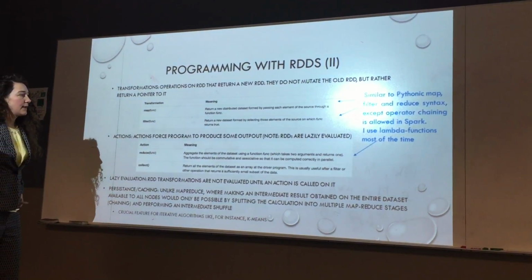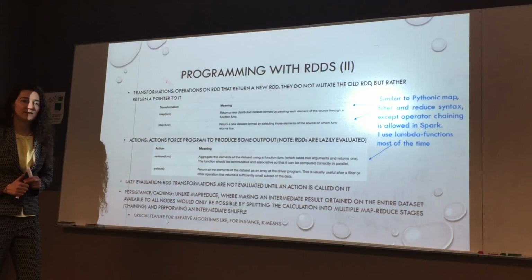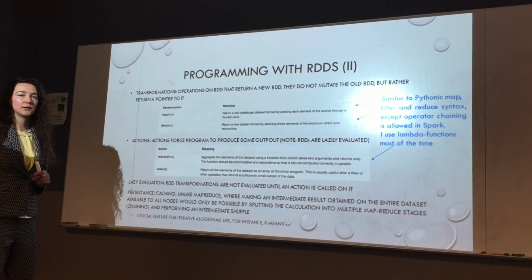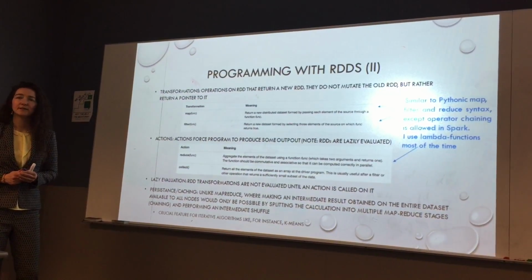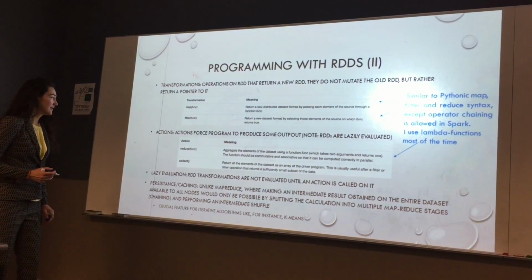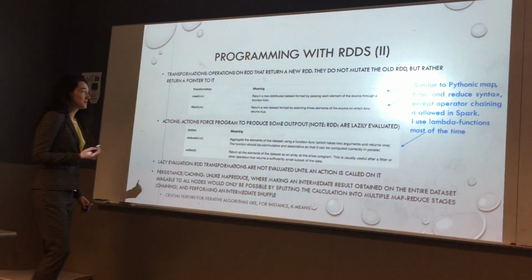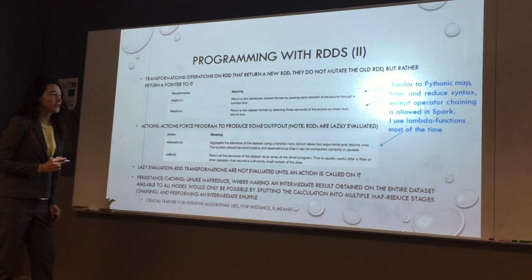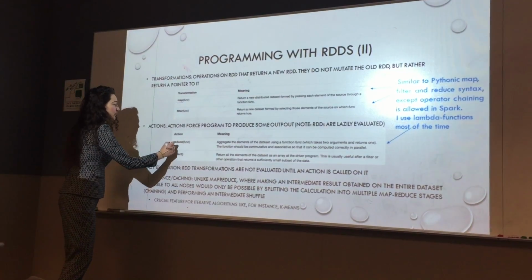So once we create this RDD, what can we do with it? There are several methods that we can use. The map and reduce methods exist there. So there is a map, where we give a function for what we want to do, and also a reduce.